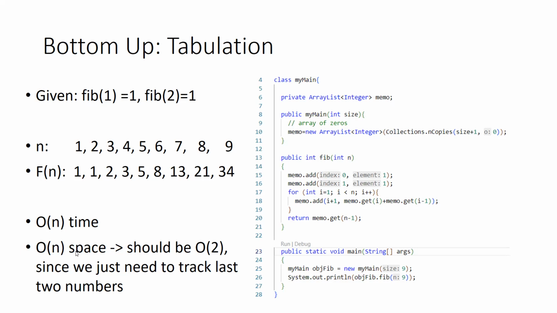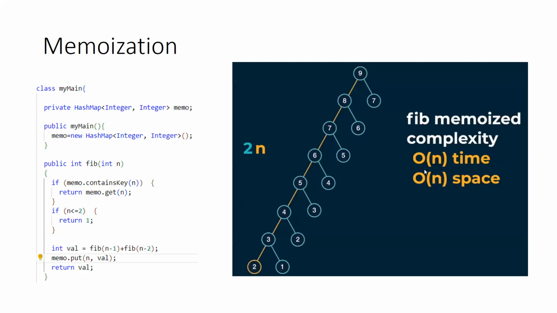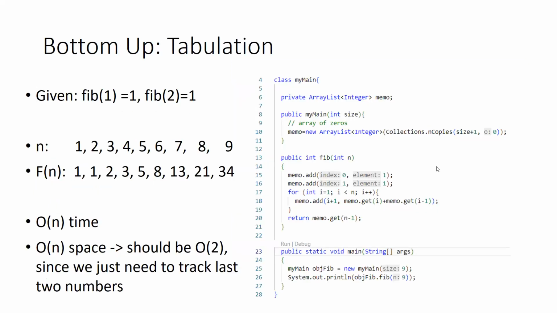In this case, the bottom-up approach is almost as good as the memoized recursion in some sense, but there are some cases where you can have a better time and space complexity in the memoized approach than, for example, in the tabulated approach.